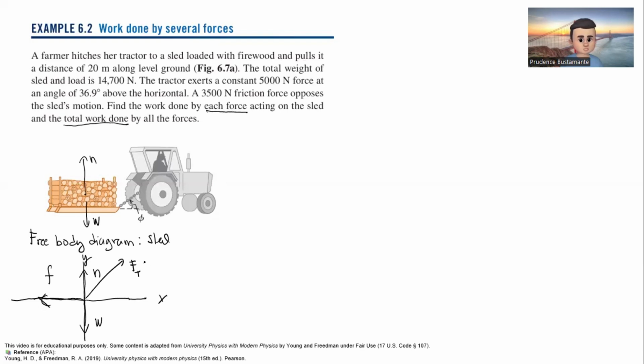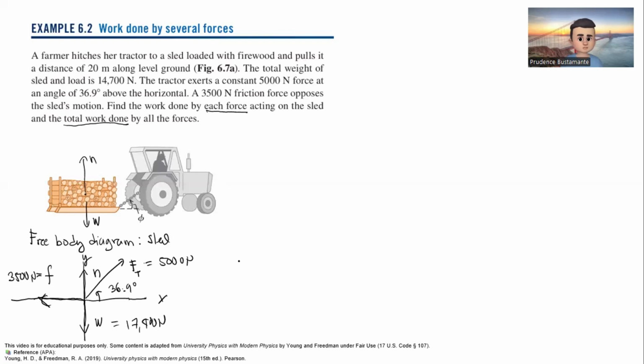Okay, so we know that this is at an angle of 36.9 degrees, and this is about 5,000 Newton. The weight is 7,400 Newton, so you can calculate the mass of that. And this one is about 3,500 Newton.